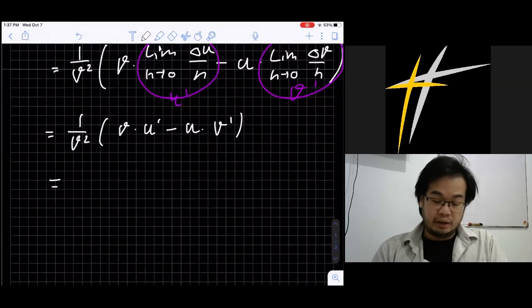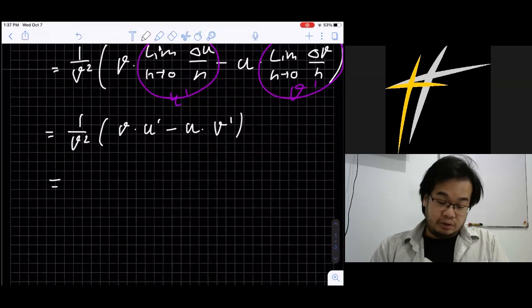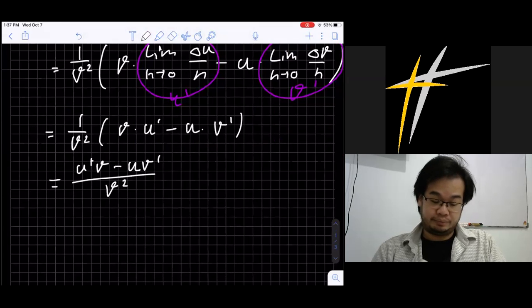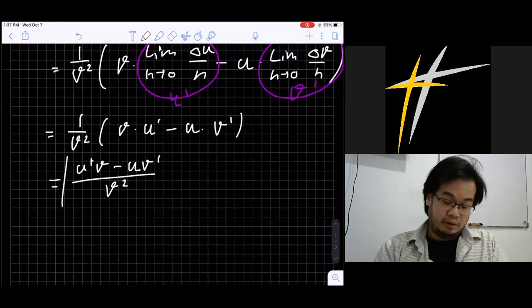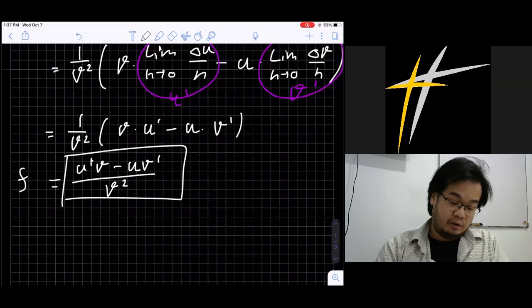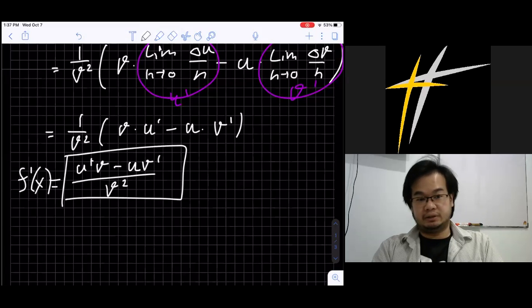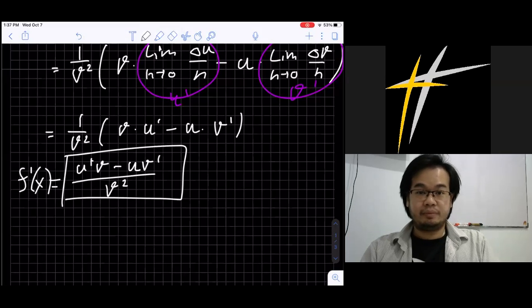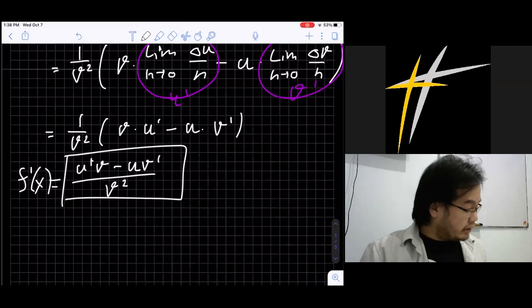So we get the formula, which is u prime v minus u v prime over v square. So this is the formula of the quotient of two functions: u prime v minus u v prime over v square. Now let's look at the example.